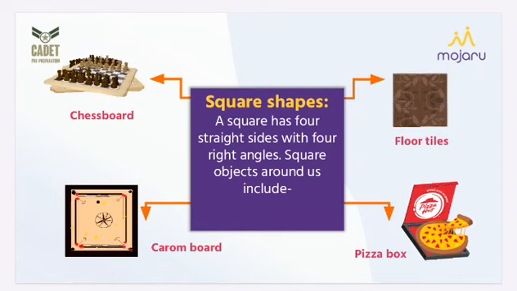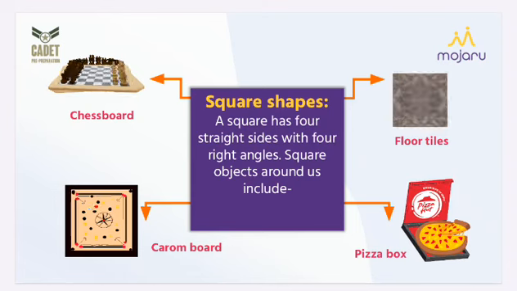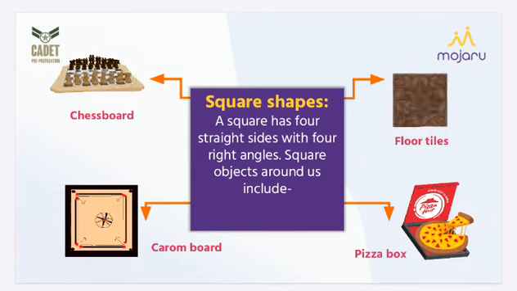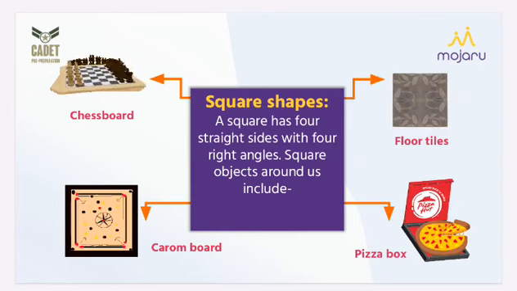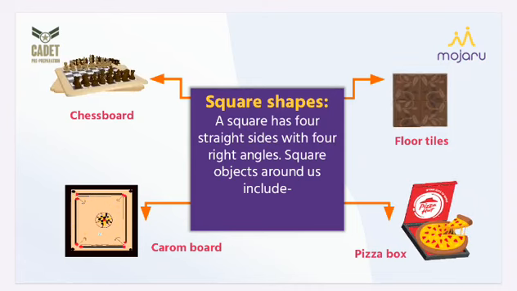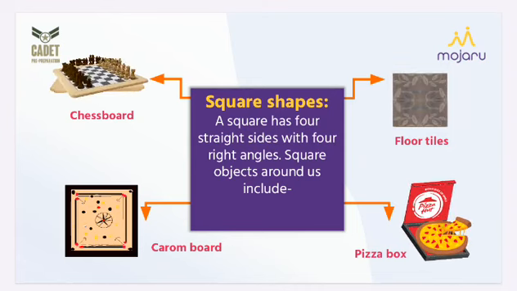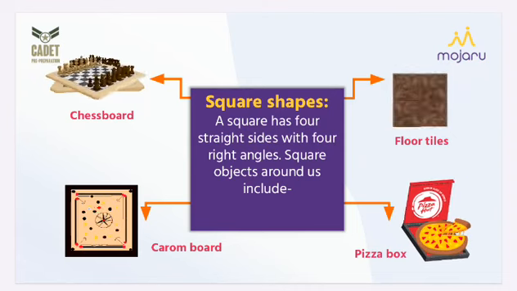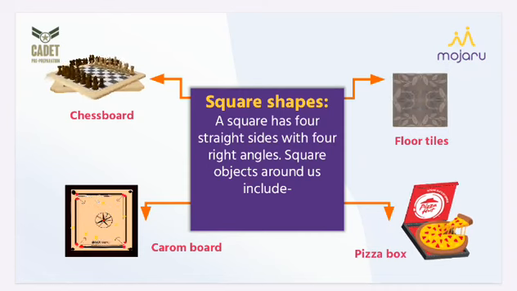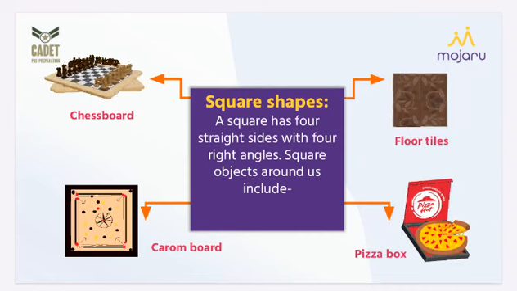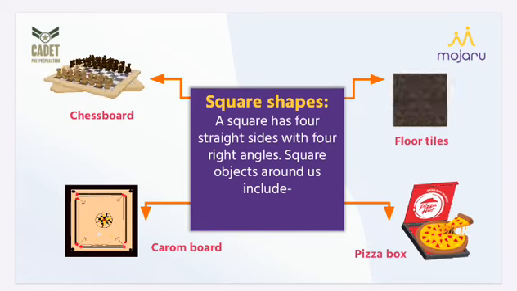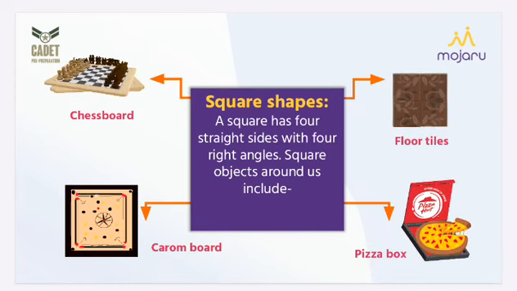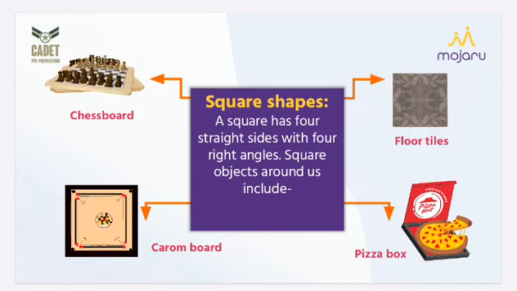Floor tiles are square shaped. A carom board is square shaped. Pizza box, we love to eat pizza, right? If we see the box, it is square, because usually pizzas are circular, and to accommodate them perfectly, the square box is more useful.